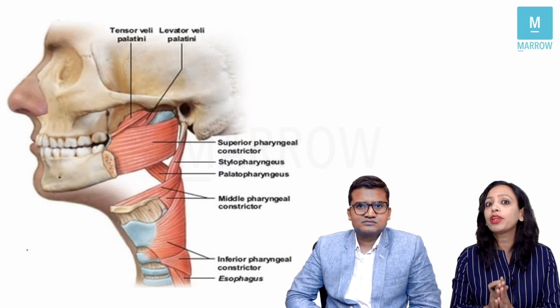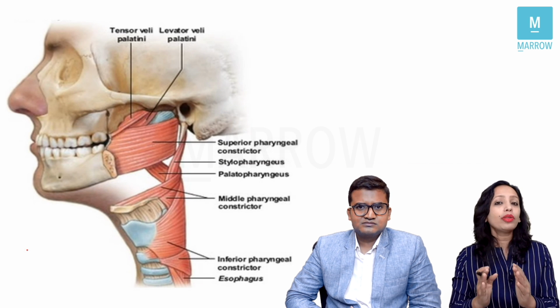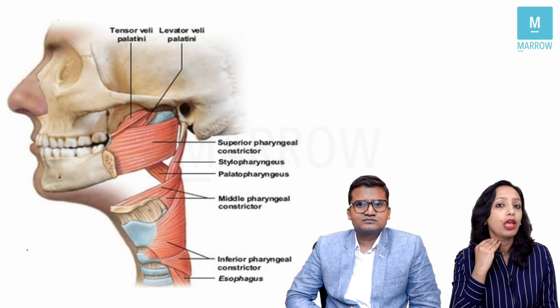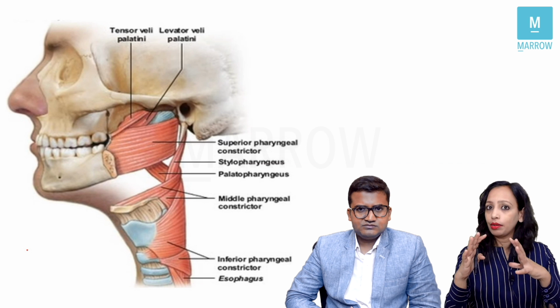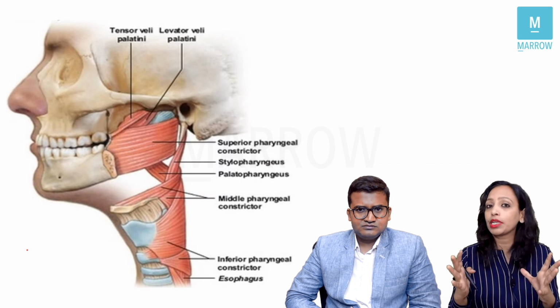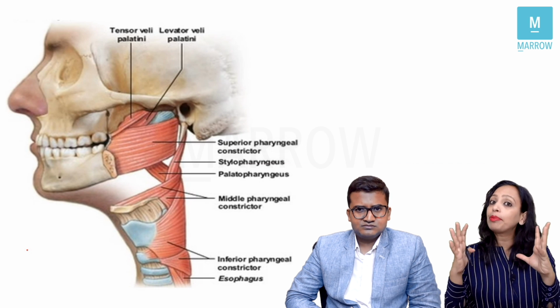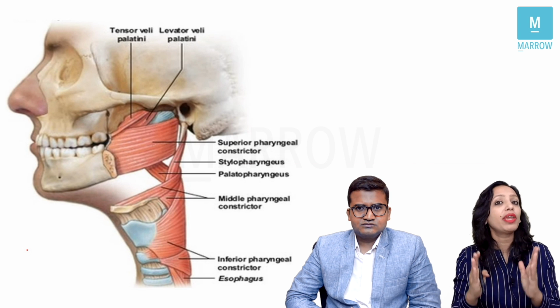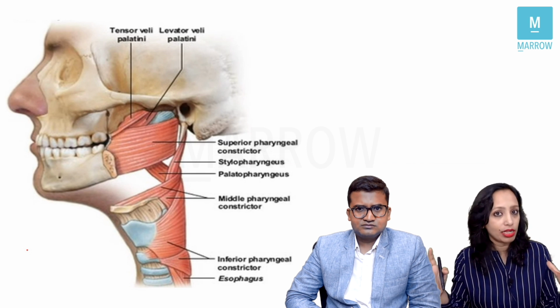But in the parapharyngeal space, we know that its lower boundary is the mandible. So when the abscess or the mass has completely filled the parapharyngeal space, only then will pressure be applied on its walls.